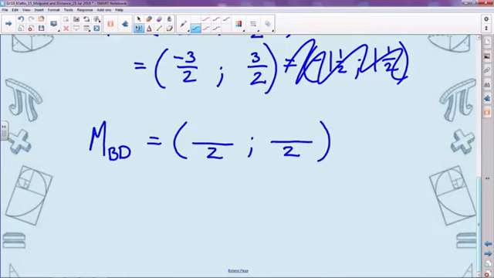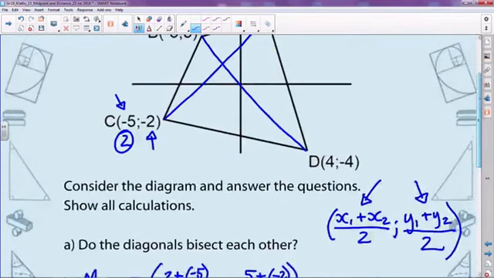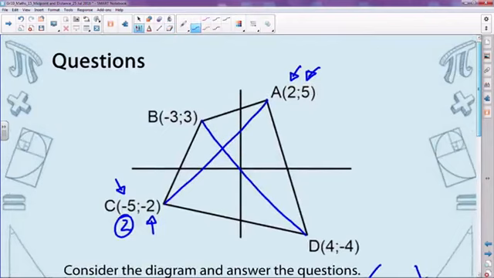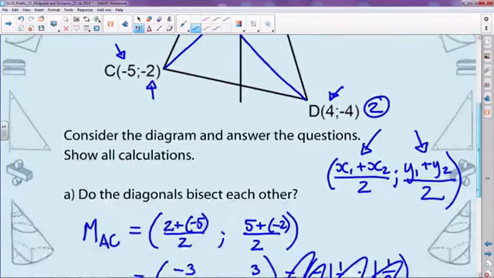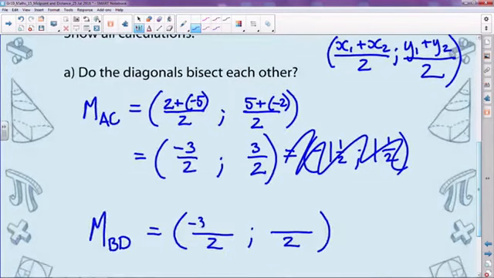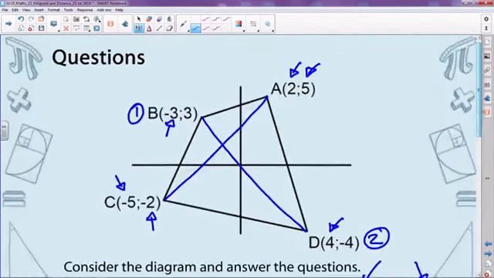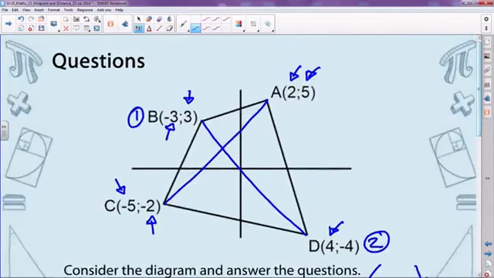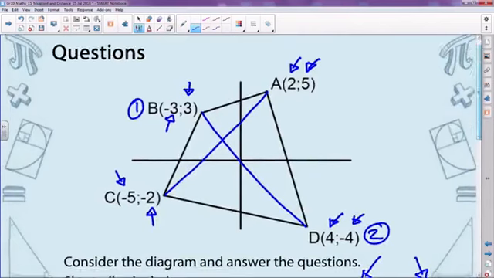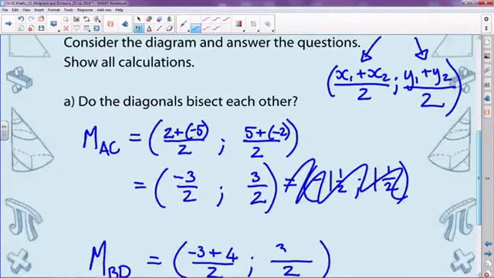Let's check. Now I'm just going to erase those 1s and 2s. I'll make B point 1 and D point 2, which means my x-coordinates are -3 and 4. So that's going to be -3 plus 4. And my y-coordinates are going to be 3 and then -4. So 3 plus -4.